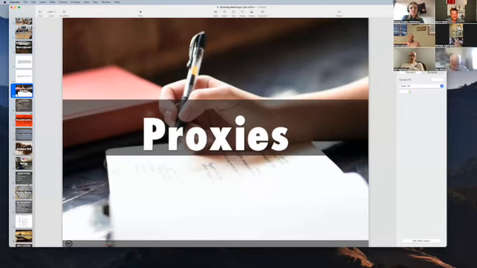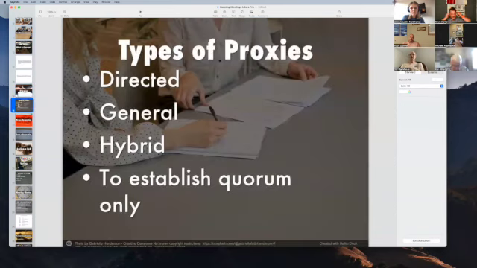So proxies are something you should only ever see at an annual owner meeting or a special owner meeting. And there's different types of proxies. There's directed, which says, I, Kevin, can't attend the meeting. I hereby give Bruce the right to go on my behalf and vote yes on issue 1 and vote for John and Jane for directors. In other words, I'm directing him.